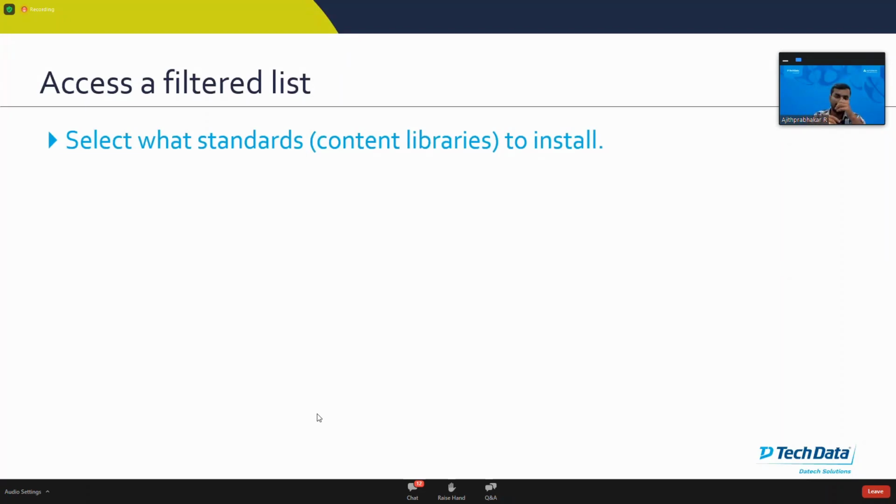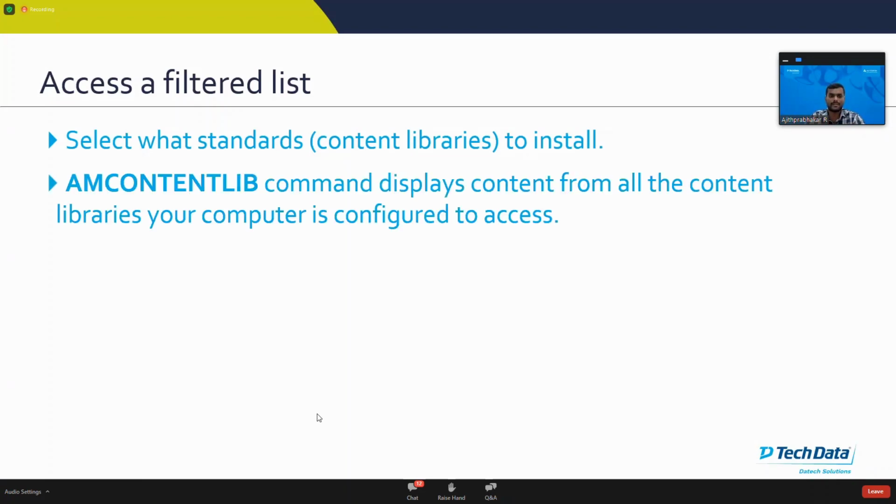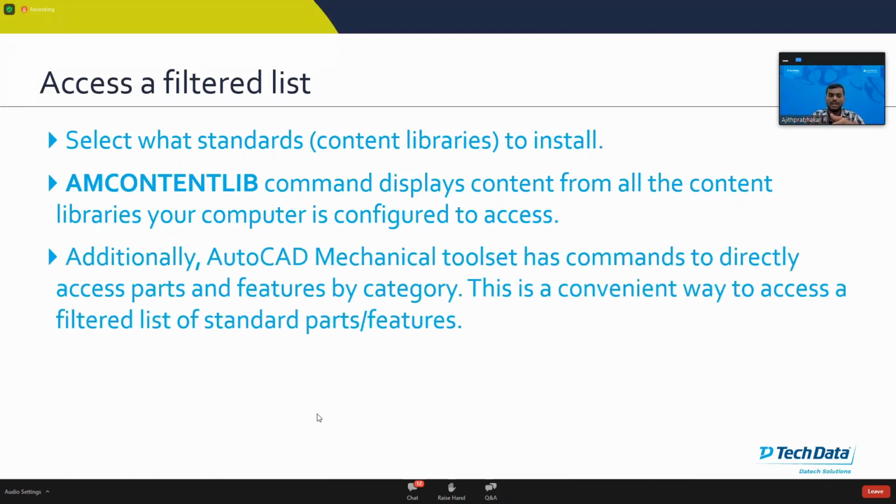You have the content libraries that can be installed, created, or that are added normally during the installation. AM content library is a command available for you to access. Using this command, you have greater access to various standard libraries in your designs. You also have the option of installing various standards during the installation of your software.